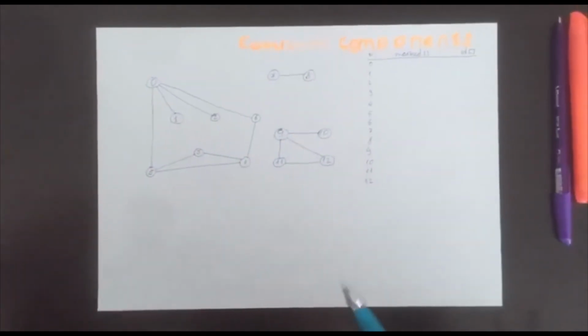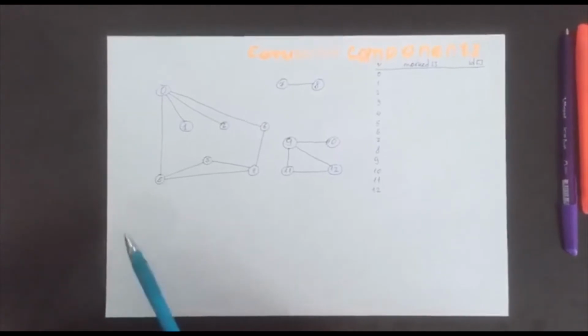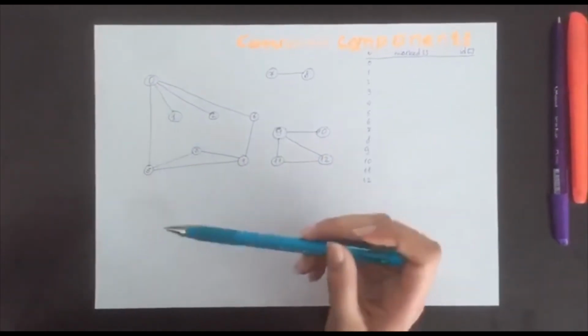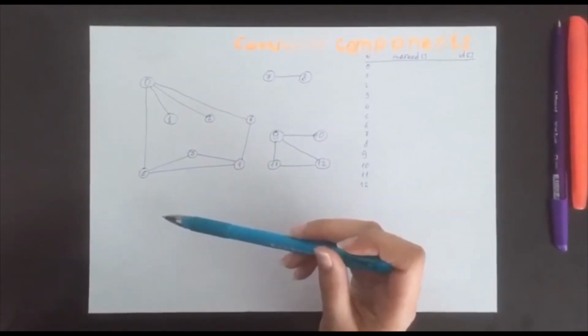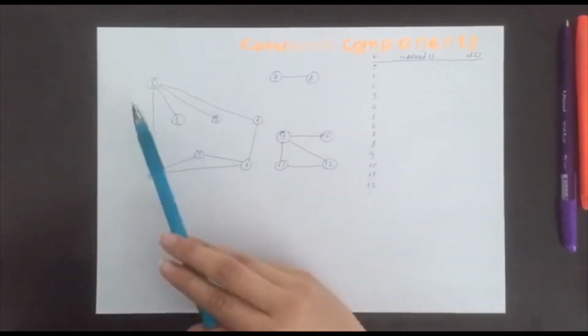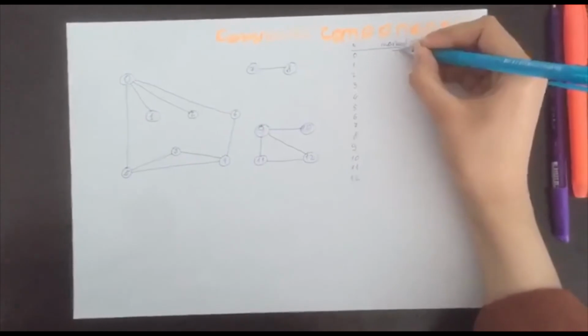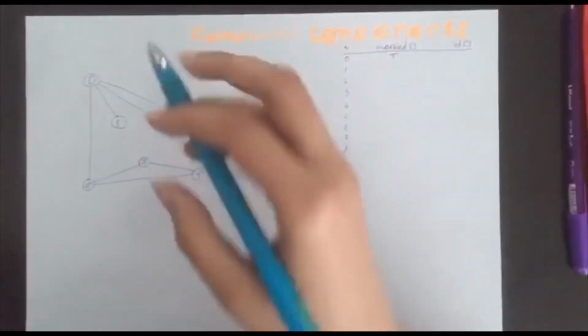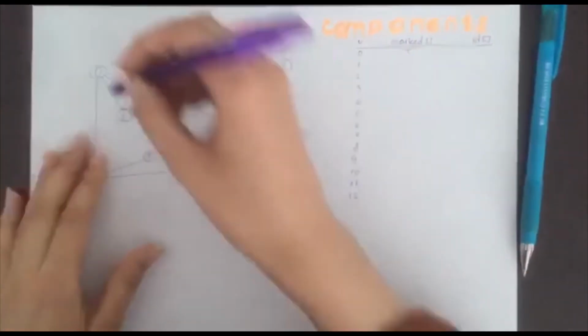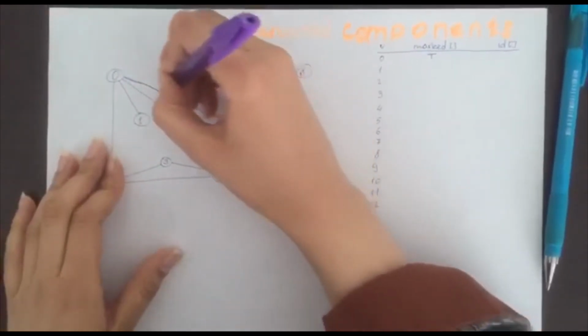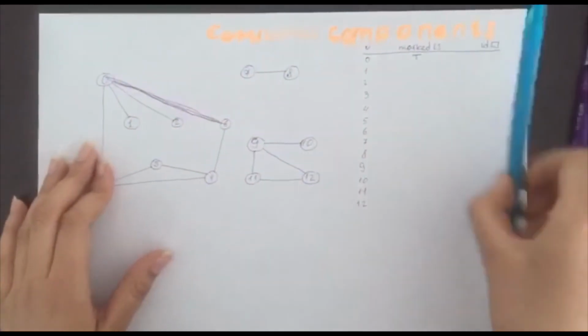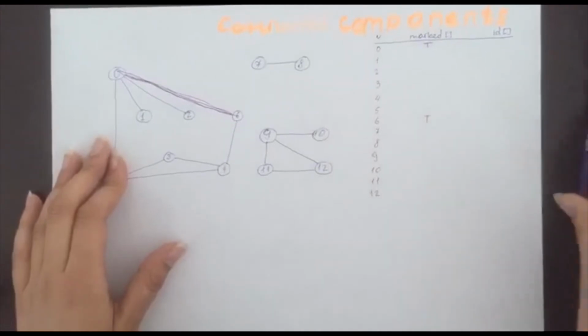Here is an example of an undirected graph. We will start from 0, and we need to go through the adjacency list of 0. At first we need to mark it, and after that we will go to 6 and mark it 2.